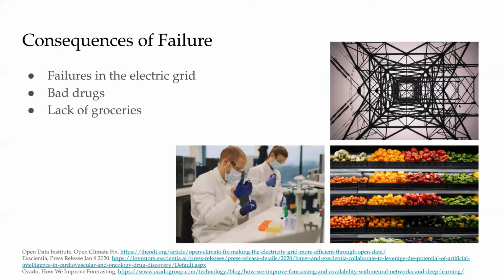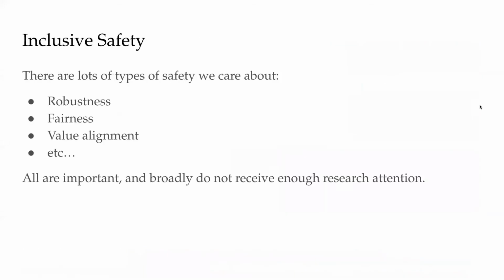And along those lines, I do want to say that keeping AI safe for deployment is an inclusive definition. Anything that helps AI systems be more safe in the real world should count as safety.